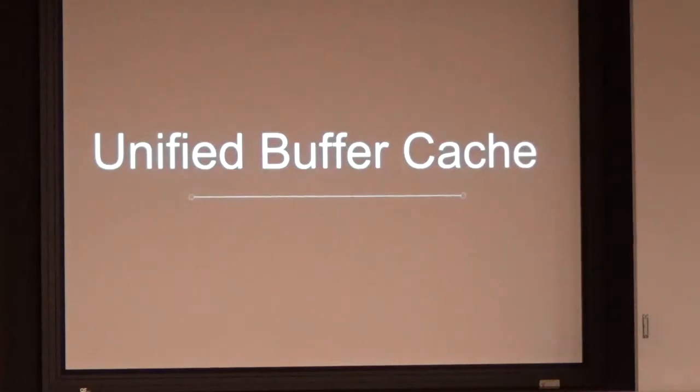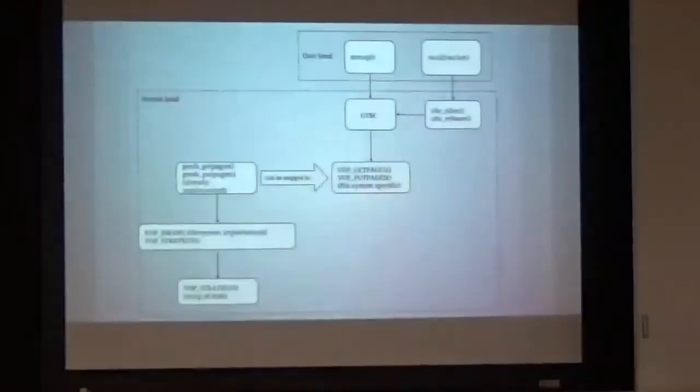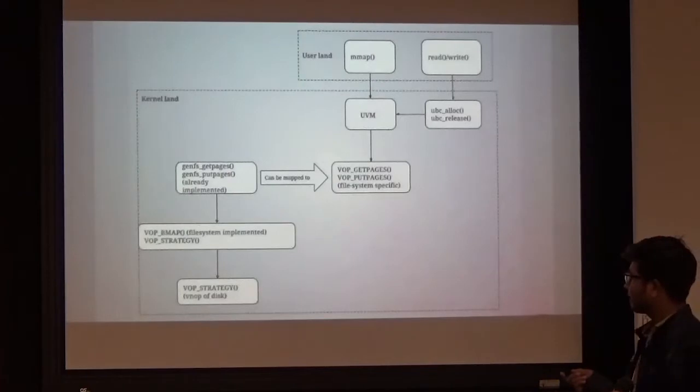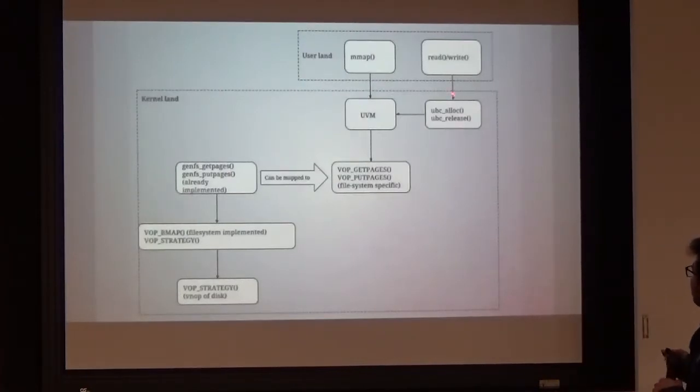UBC is the unified buffer cache. Here we'll see how UBC gets the data directly into the page cache without going through the double cache, the buffer cache. First we'll see mmap, memory mapping.